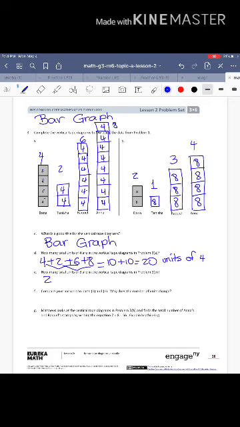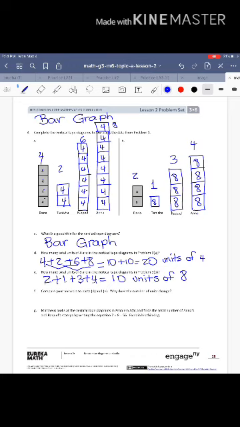Let's add it up. 2 plus 1 plus 3 plus 4. We can do it really easy. Well, for me it would be easy. 4 plus 3, 7, and the 3 here is 10. 10 units of 8, because here we're using 8. 10 units of 8.